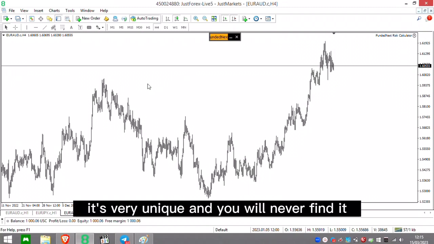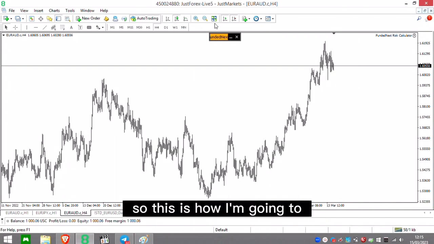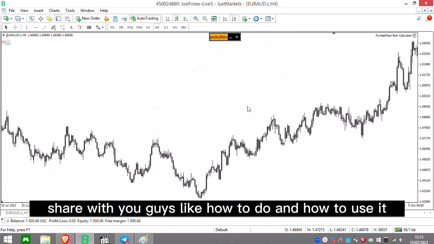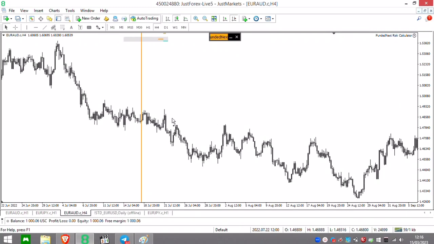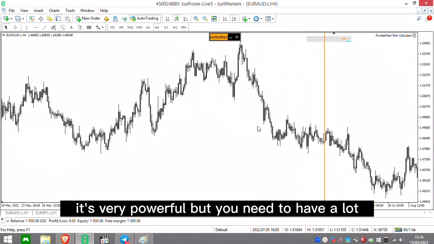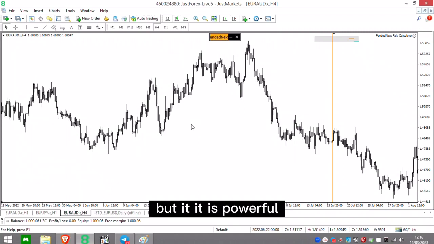It's very powerful, it's very unique, and you will never find it if you don't have a high level of patience. It's very powerful, but you need to have a lot of patience because it's quite rare, but it is powerful.